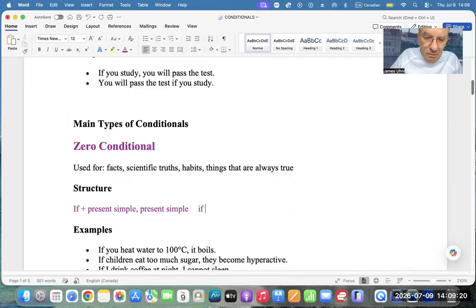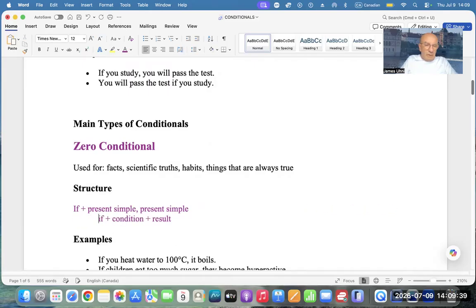If plus condition plus result. And the result is in present simple as well. So let me put it under each other. Here we are. And to make it easier, I will make it capital letters as well. If plus condition in present simple tense plus result in present simple tense.